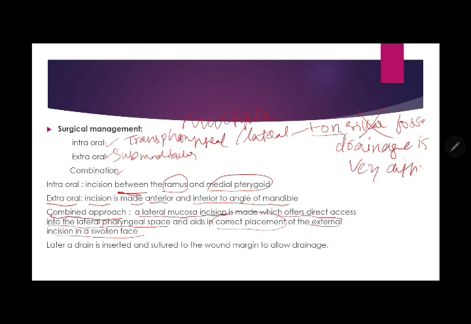So in this combined approach, a lateral mucosal incision is made which aids in direct access into the lateral pharyngeal space. And later a drain is inserted and sutured to the wound margin, which allows the drainage. So this is how lateral pharyngeal space infection is managed.